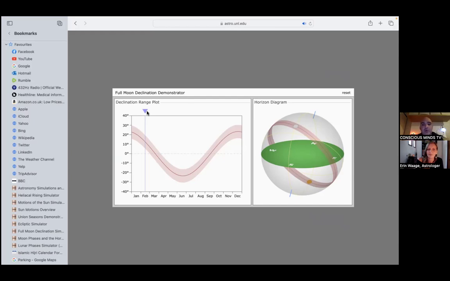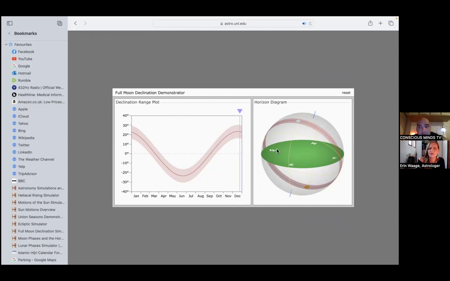So for example, we know that when the sun is in Capricorn, the full moon would be in Cancer, right? So if we go to Capricorn, so if we go to December, the moon, sorry, will be high in the sky, because a full moon during Capricorn season would be the moon in Cancer.